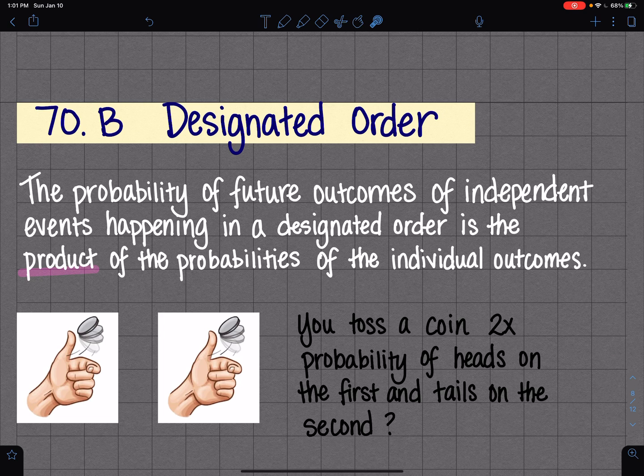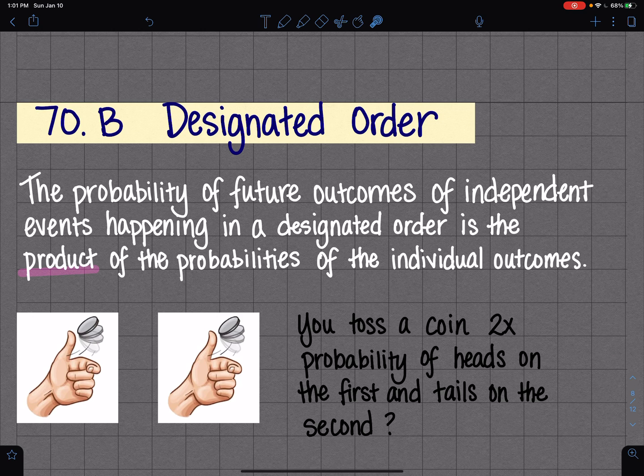Now, getting heads the first time, it doesn't make a difference on what the second one is, but if you want to know the probability of getting heads and then tails, that's different than the probability of just one toss. So if there are 2 tosses, then you're talking about a designated order problem.